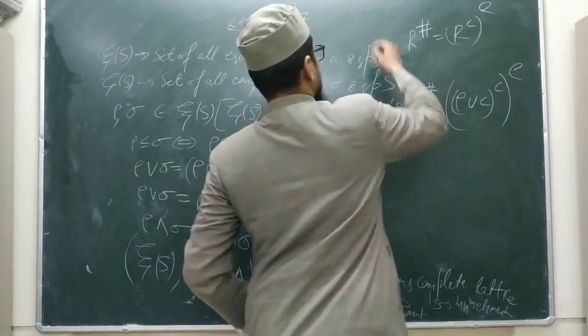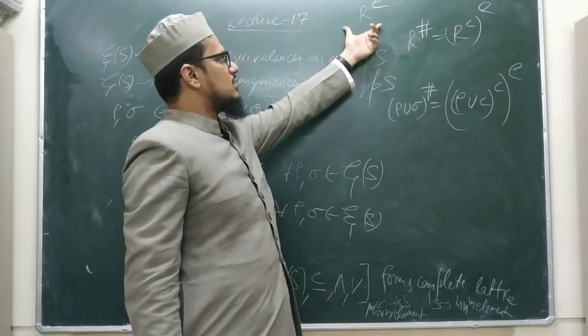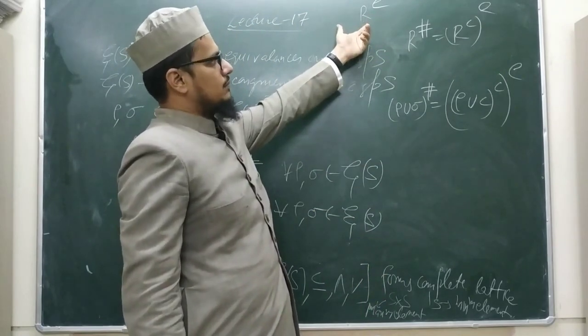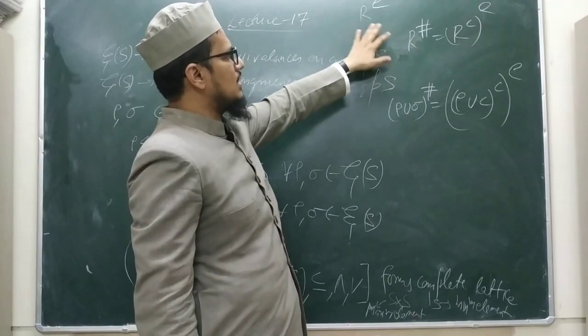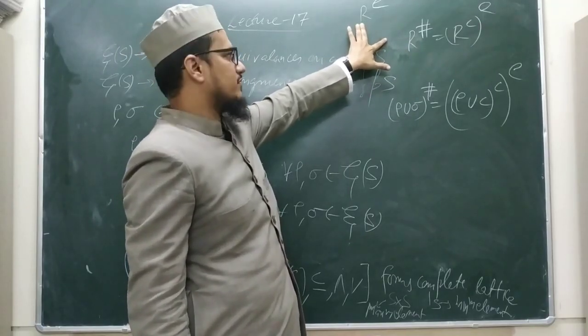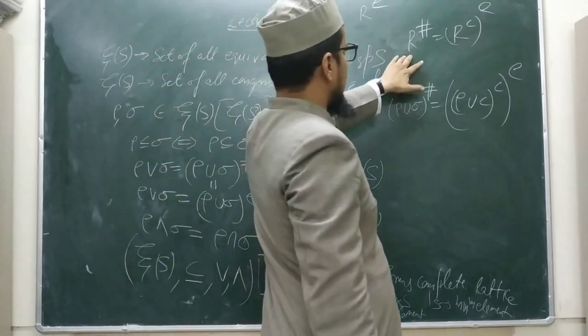And R E is the smallest equivalence relation on a semigroup S containing R, isn't it? These two notations we already know. In the previous lecture I discussed what R hash and R E are.